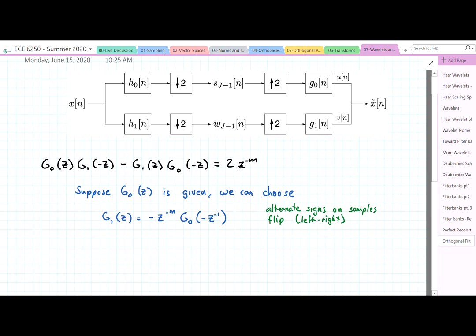That's the negative 1 in the power of Z. And we are delaying. That's the Z to the minus M out there.